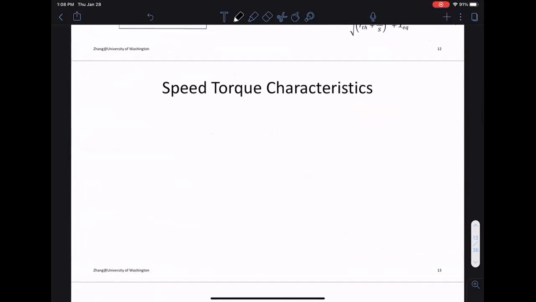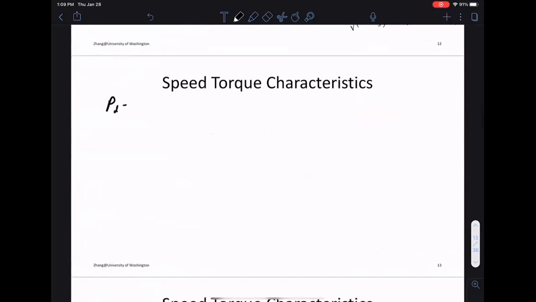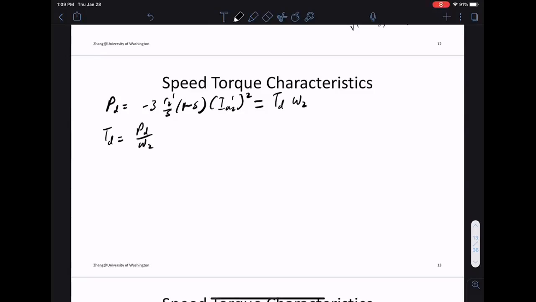If you recall, our equation is developed power, minus 3 R2 prime (1 minus S)/S IA2 prime squared, equals the torque times the rotor speed, where omega 2 is the rotor speed. So the developed torque, you just divide by omega 2.